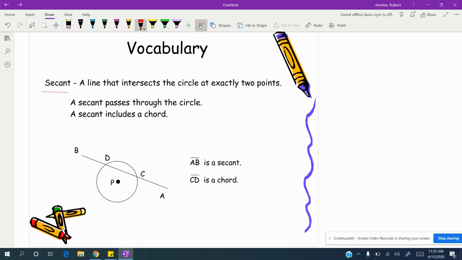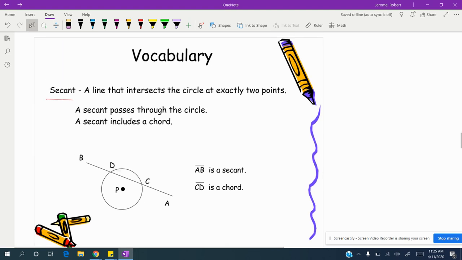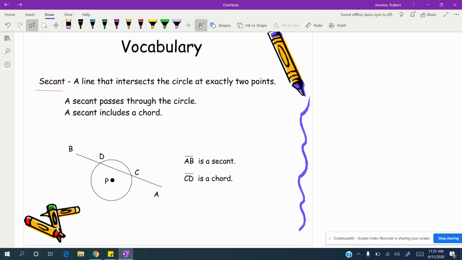So notice that the inside is going to be a chord. Once it breaks outside the circle, it's called a secant. So AB is a secant. AD is a secant. BC is a secant. DC is a chord. So again, some things to keep in mind there.